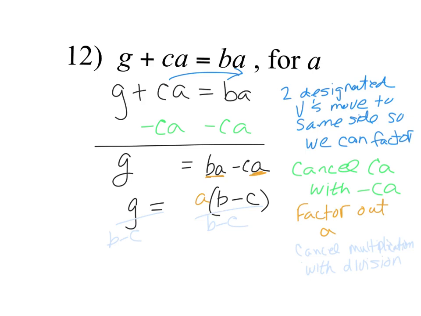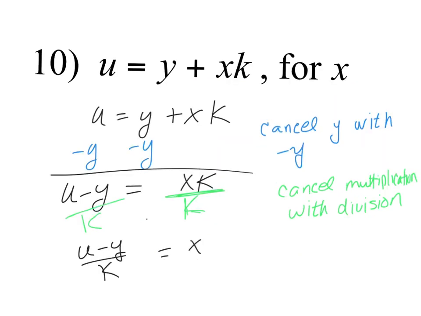So once we've got that B minus C isolated, we're left with G over B minus C is equal to A. About all we are going to have time for today.